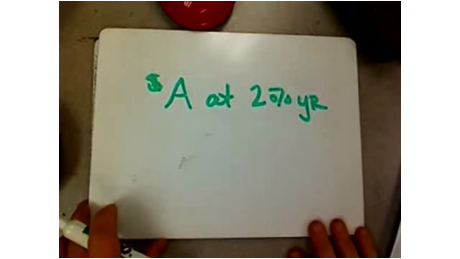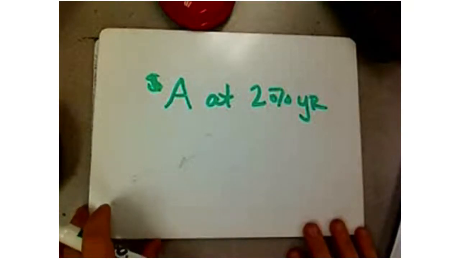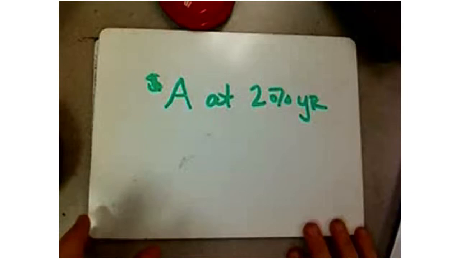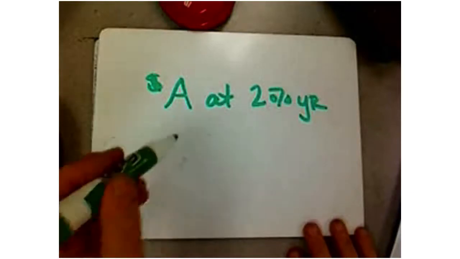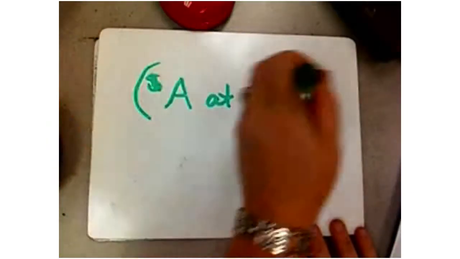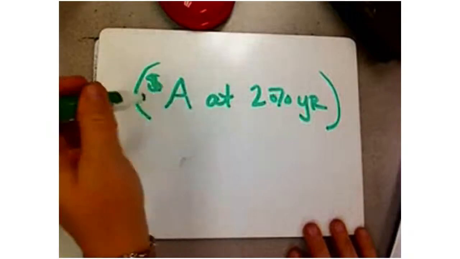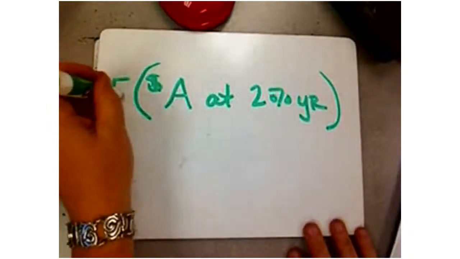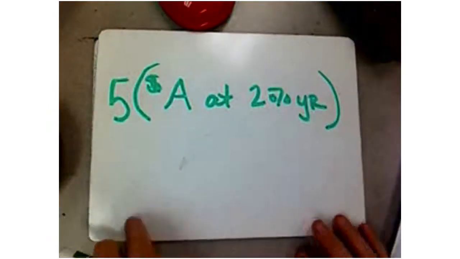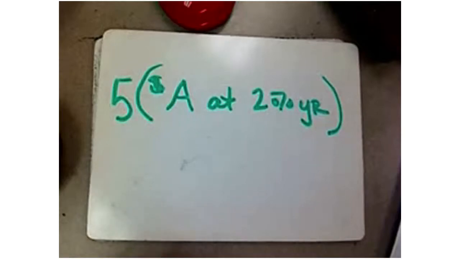She invests 5 times this amount in a CD, paying 5% a year. All right, so she's going to take this amount at 2% and invest 5 times it. So I'm putting it in parentheses and putting a 5 on the outside of it. 5 times the amount in the savings.